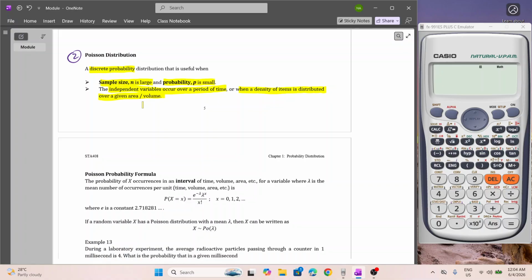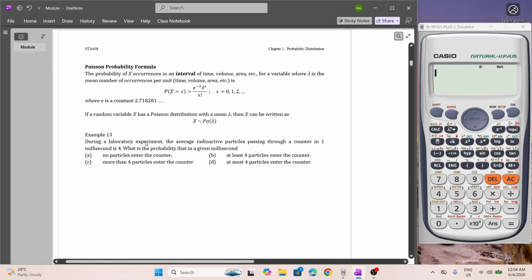But for the Poisson distribution, it is usually the number of variable occurrences over a period of time or when the density of items is distributed over a given area or volume. So for the Poisson probability formula, we are going to use this formula.